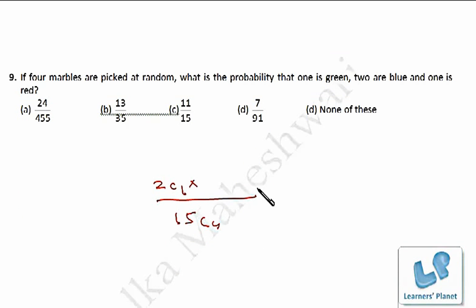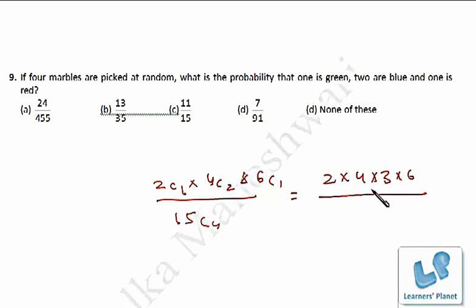So it's 2 are blue and 1 is red, right? So this is the calculation that we have to make. So it's 2 into 4 into 3 into 6 by this 2 factorial into 15 into 14 into 13 into 12 by 4 factorial. So that's 24. I just write as it is. So now this 6 and 2, 12.